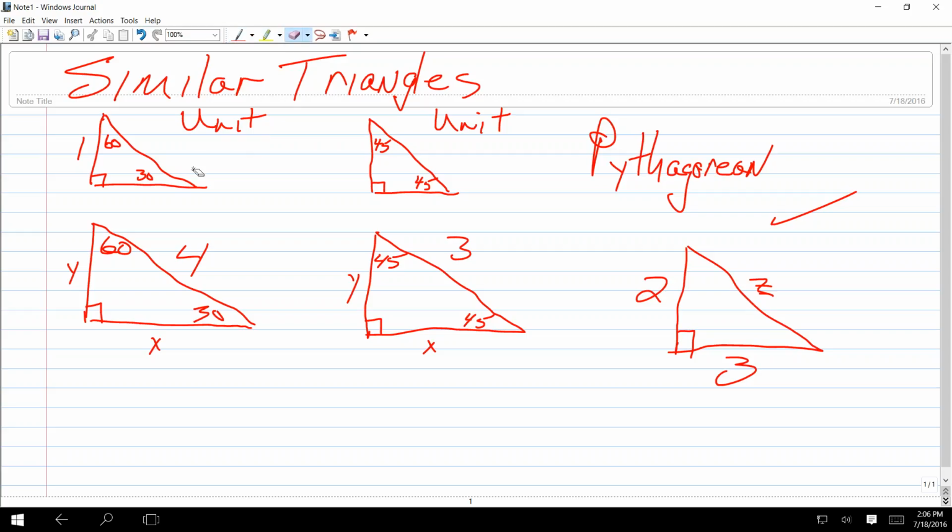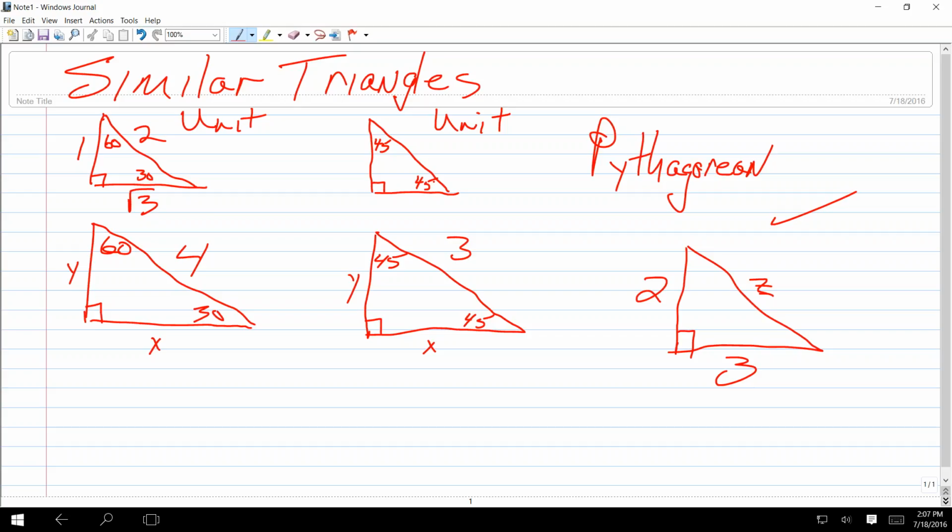So that kind of gives you a reference for getting started. This side opposite the 60-degree angle is √3, and this side, the hypotenuse, is 2. The hypotenuse is always the side opposite the right angle.